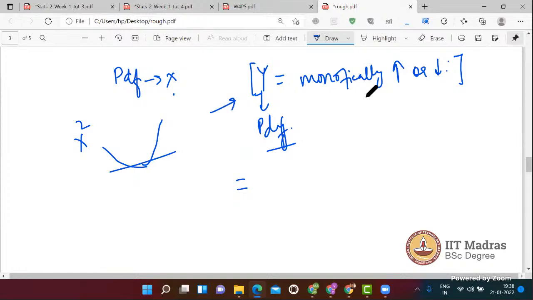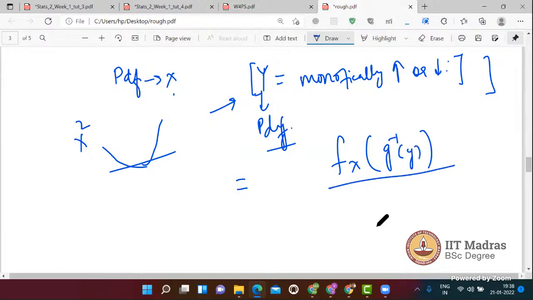So whenever we have a monotonically increasing or decreasing function, you'll have a simple formula. Whatever the PDF we were having, so PDF of f, in place of x here, you'll write g inverse of y, upon mod of the differentiation g dash, and in place of x again you'll write g inverse of y.